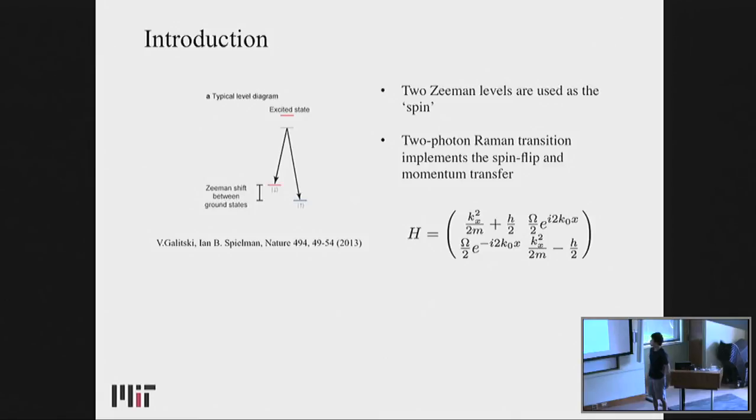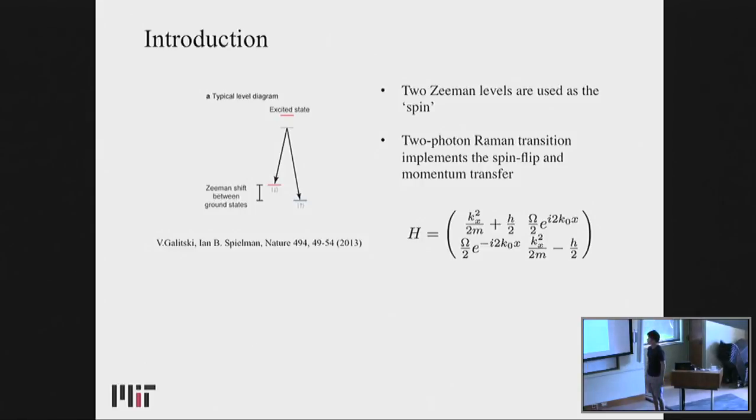the conventional schemes do. In a conventional scheme, we take two Zeeman levels as the pseudo-spin of the system, and we have two-photon Raman transitions to connect these two pseudo-spins. Because we can arrange the geometry of the Raman beams, we can also provide a non-zero momentum transfer to the atoms during this spin-flipping process.